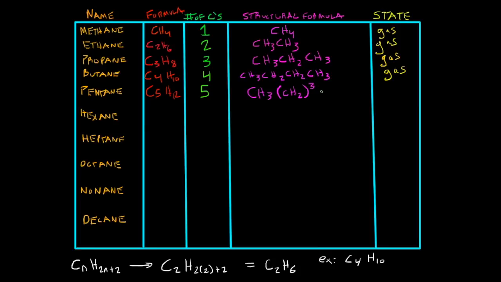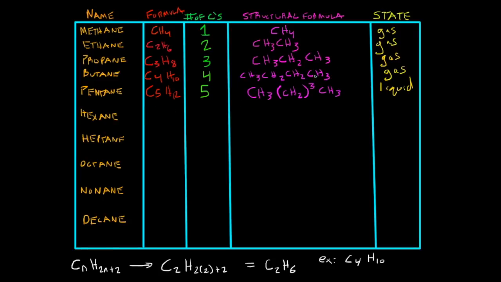This pen is hard to write with. And its state is a liquid. This is the lightest liquid that we have, and it's the first time that the state is going to be a liquid. So 5 carbons causes it to be a liquid.